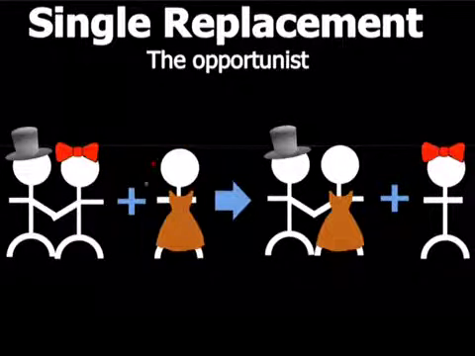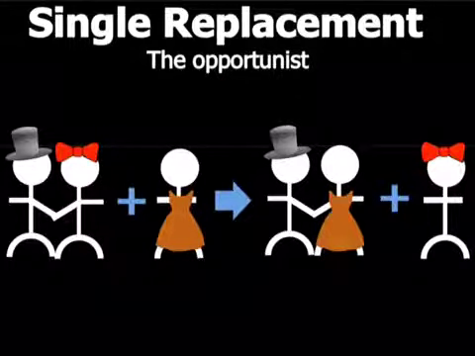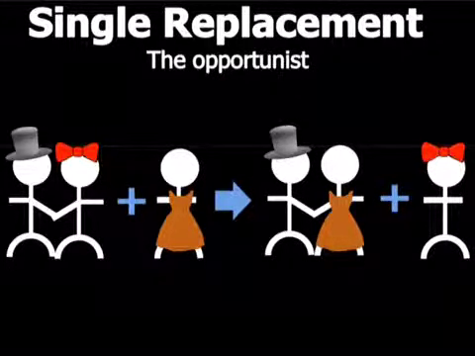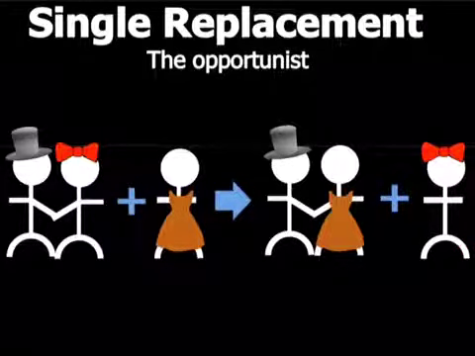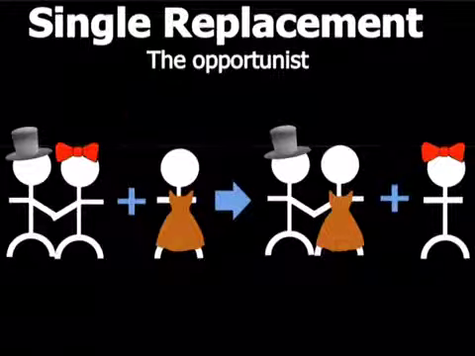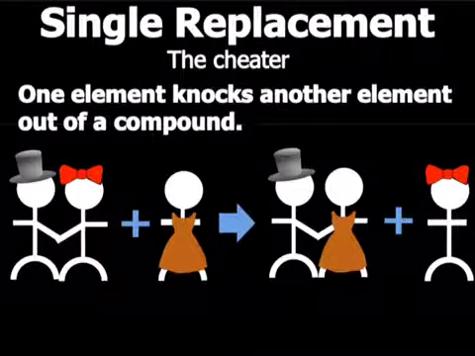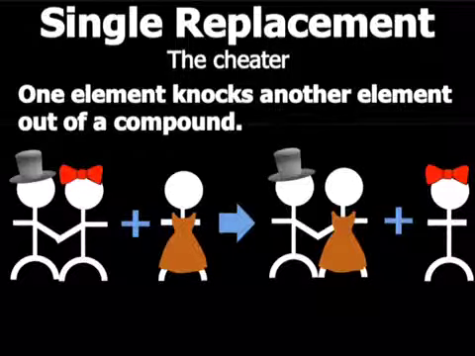So essentially, the lady in the brown dress replaces the girl with the bow. The girl with the bow is out on her own. So here's the new couple, and here's the sad-faced girl. Okay, single replacement. One thing replaces the other thing, which is left out on its own. Basically, one element knocked another element out of that compound.